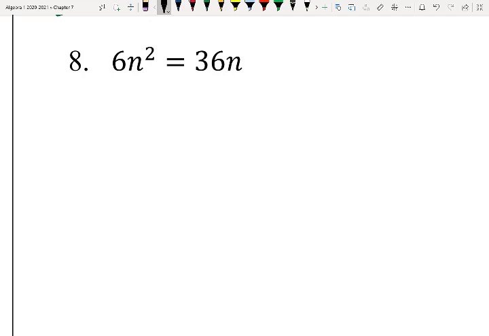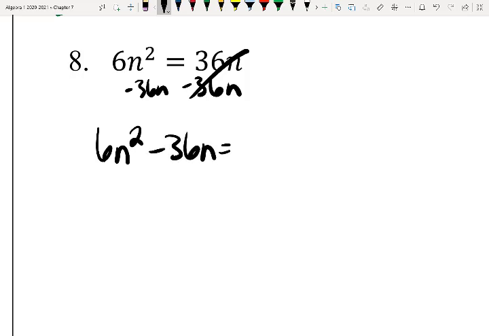What I want to do for these problems is move everything over to one side so that the other side is 0. So I'm going to subtract 36n from both sides. That would give me 6n squared minus 36n equals 0, because there's nothing left on the right side, and the mathematical representation for nothing is 0.